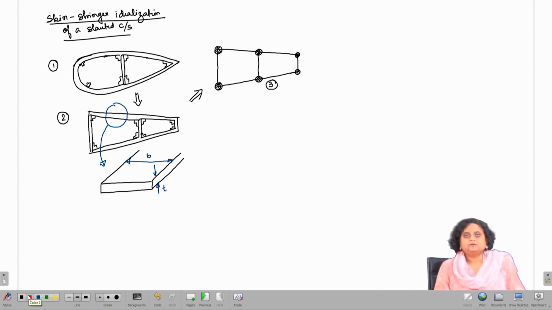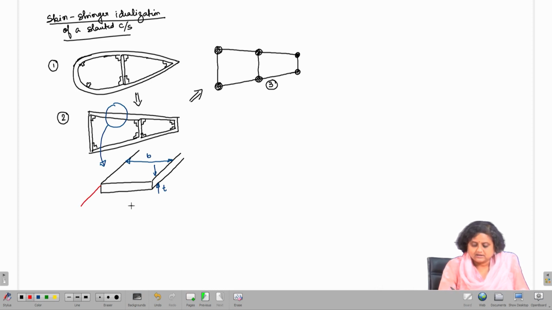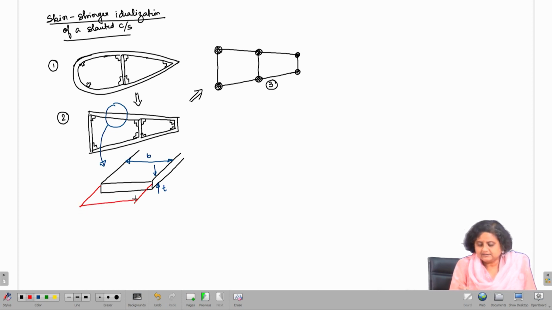Now, since this blue colored circled portion is slanted, the direct stress distribution is not going to be uniform, rather it will have a linearly varying distribution. Let me call it point 1 and point 2.